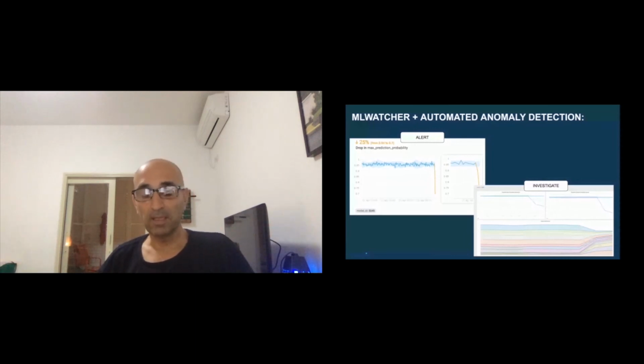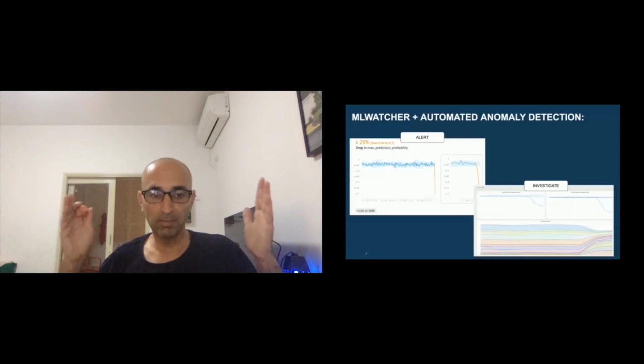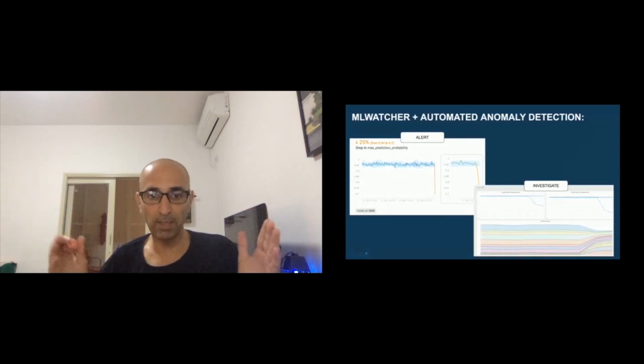And in some cases, you might even want to go further down the stack of your feature generation technique, whatever that is. The pipeline that generates your features, you probably want to put hooks in there and monitor that as well. But these are the two basic ones that if you have them, at least you're covered somewhat.